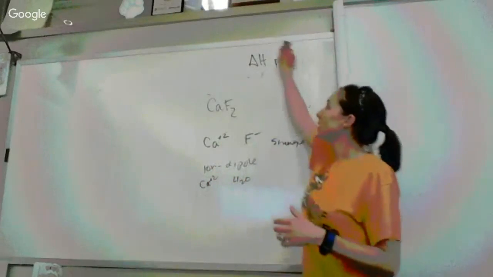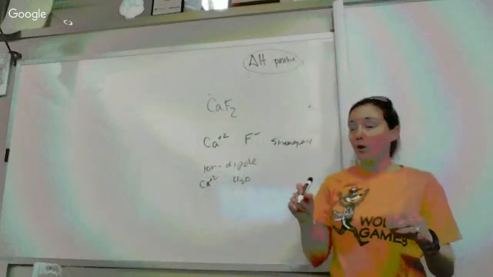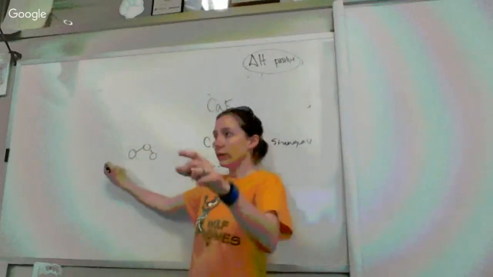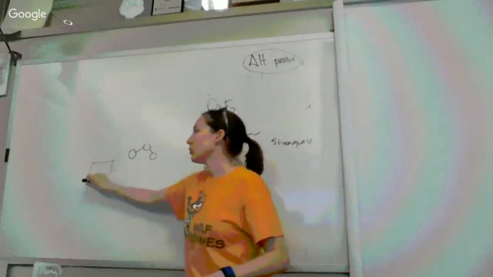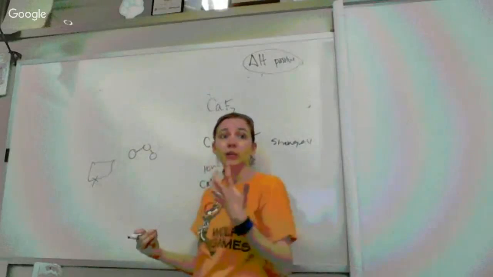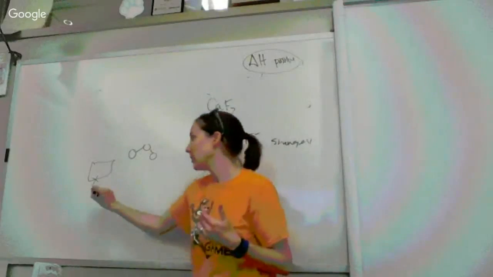Because my delta H is positive, if you keep in mind what was happening, my water was breaking apart your ions. So over here, we broke bonds, and when we break bonds apart, are we putting energy in, or taking energy out? Energy goes in.